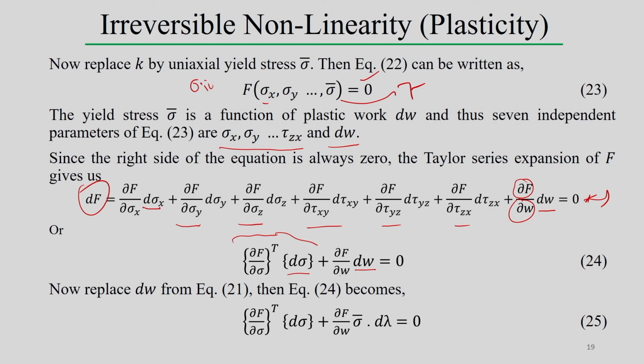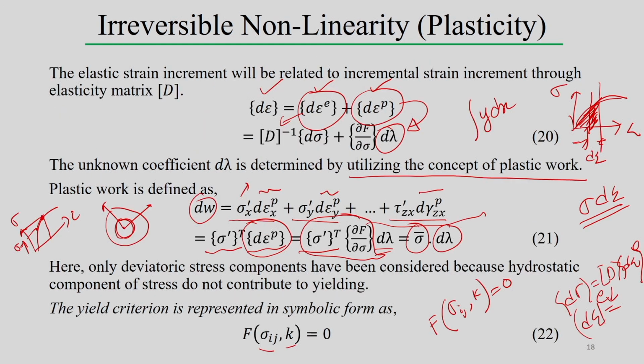So, dw value, if you remember from the previous slide, dw equals sigma bar into d lambda. Actually, this dw, although it is represented by the different stress components into strain components, is also equal to sigma bar into d lambda. In this case, the sigma bar can be represented like that.